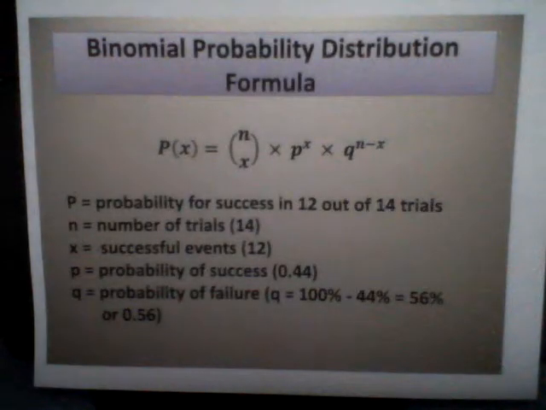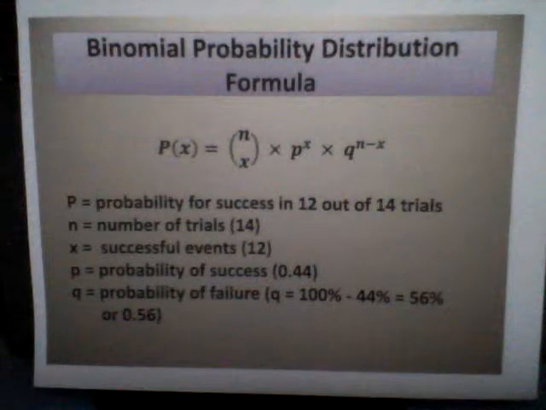And to help with that challenge, I'm going to utilize the super duper phantasmagorical sensational binomial probability distribution formula. Ta-da! And here it is. It looks pretty complicated and scary, but once you work through it many, many times, it becomes your friend.